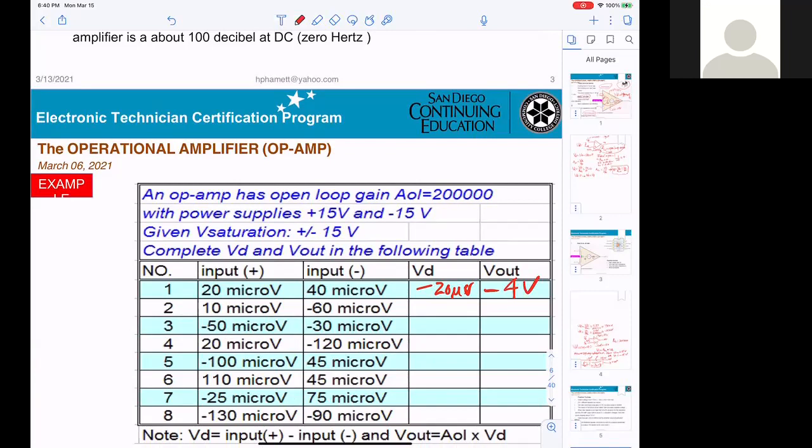Second one is 70 microvolts. Can you go back to your formula page here, please? Where you were doing your formula breakdown.